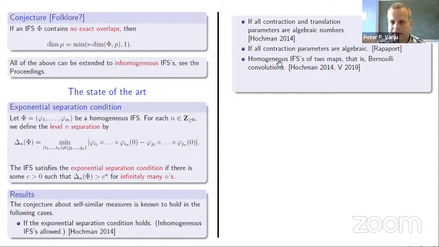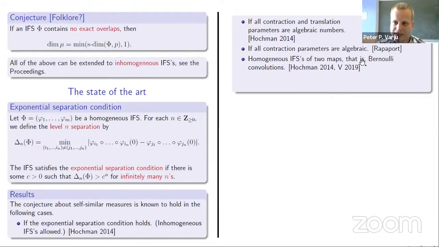The next result is about homogeneous iterated function systems of two maps. If you have only two maps in your system and they have the same contraction factor, then the conjecture holds without anything further to assume. And actually, this is equivalent to asking the conjecture for Bernoulli convolutions.